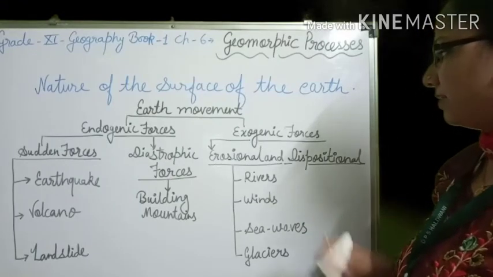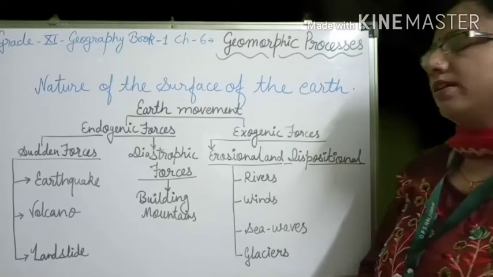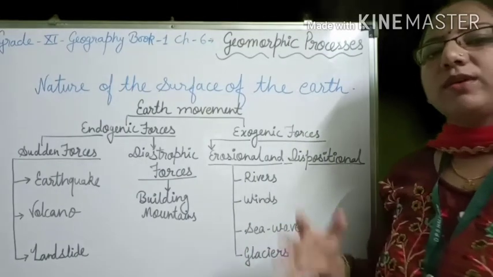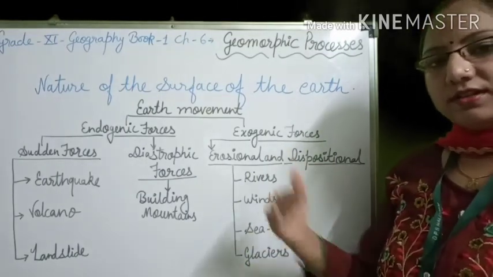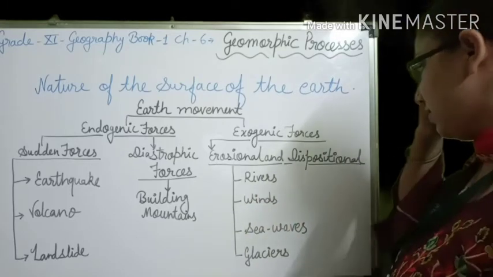The second part is exogenic forces. Students, exogenic forces occur outside of the earth's crust, and they form many landforms, which you will see later in this chapter. So what is the exogenic force?